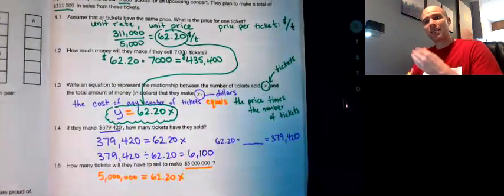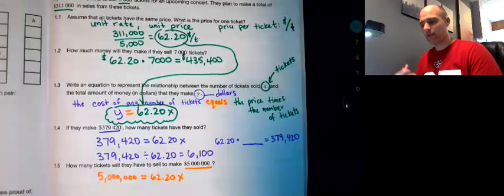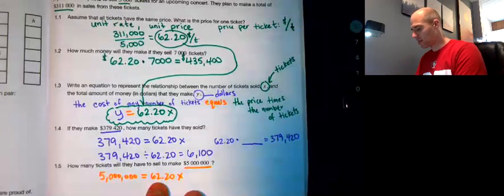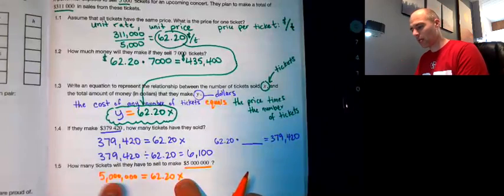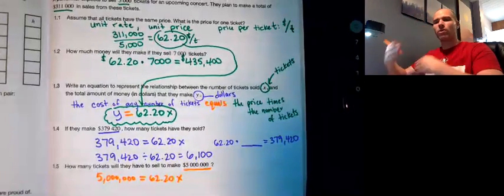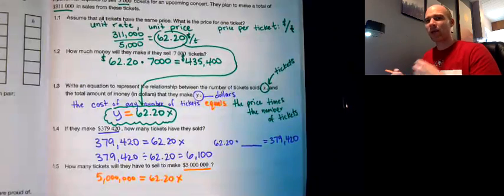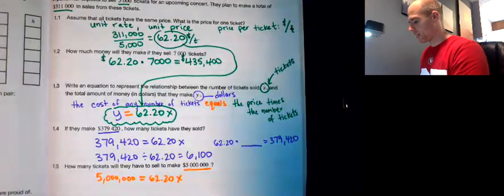And so we just use the exact same process we used last time. If I need to know that this times this unknown number equals 5 million, I work backwards using division. I'm going to do 5 million divided by 6220 and see how many tickets that is.